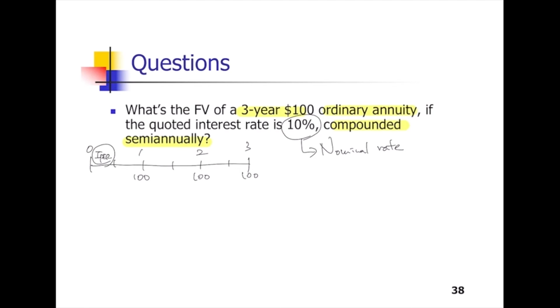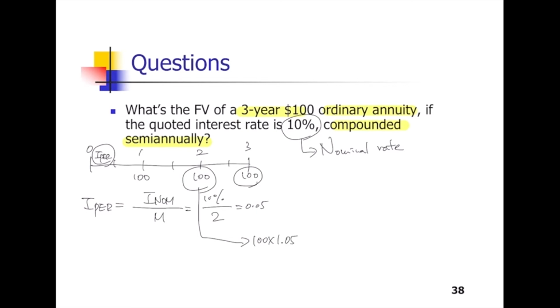How can you calculate it? Period rate can be calculated by nominal rate divided by m. So the nominal rate is 10%, m is 2, right? So the period rate is 5%. And then at year 3, this money is the same, but this money has more compounding, right? Multiply 1.05. How many times compound? 1 and 2, right?